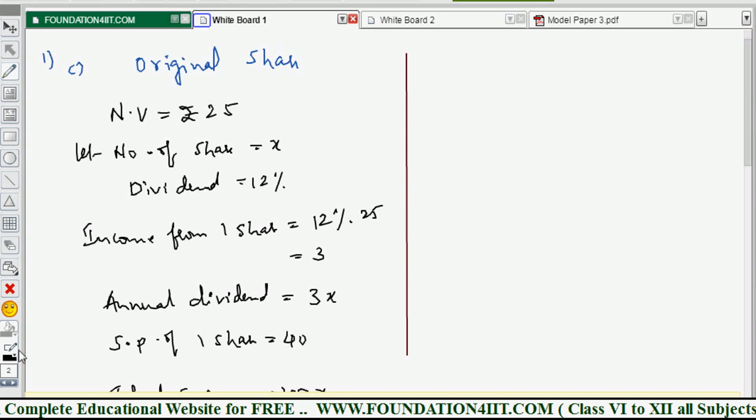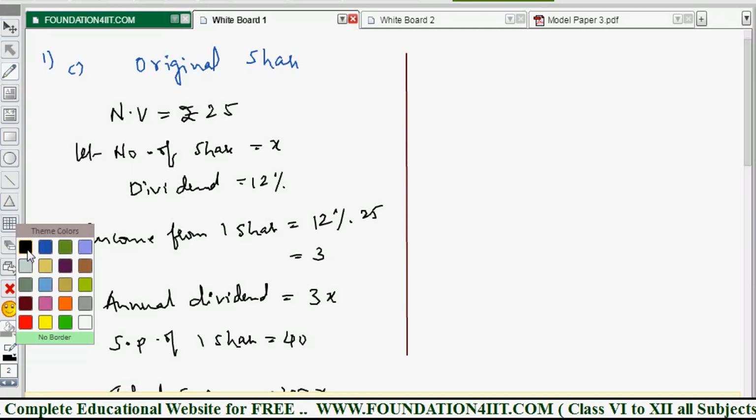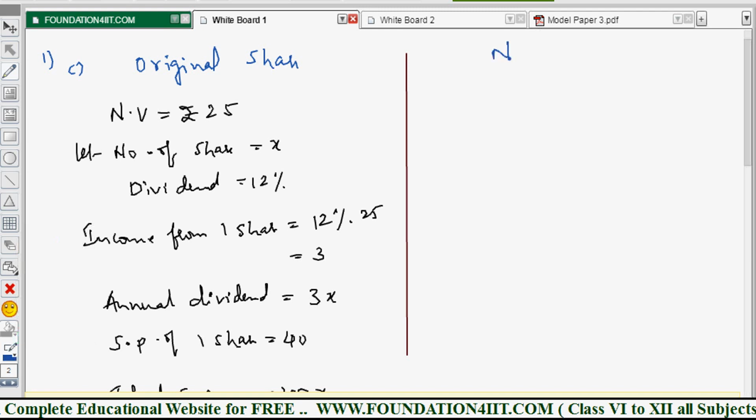In the second case, the total investment is whatever proceeds are left from the previous.